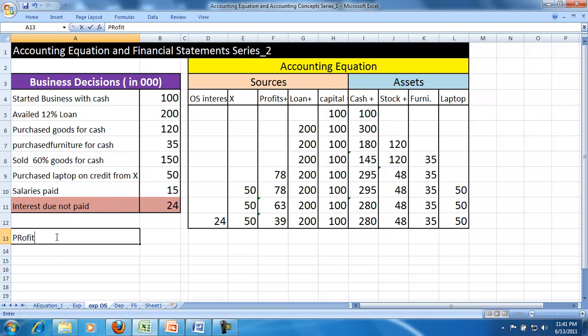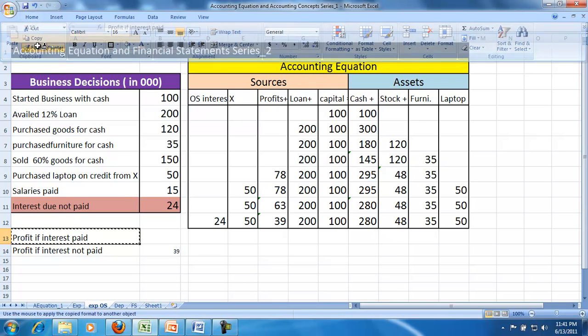Let us see the profit if interest is paid, then the profit if interest is not paid. That will give us some idea. An important generalization is possible. If interest is not paid, profit is 39. That's what we just saw.